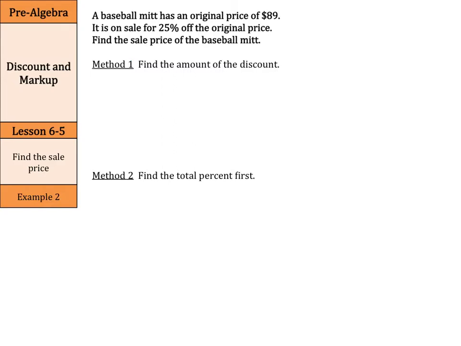And again, we can use our percent equation, which was part equals percent times our whole. And our part here is going to be our amount of discount. So we can say, okay, my discount is going to equal 25%, which as a decimal is 0.25, multiplied by my $89.